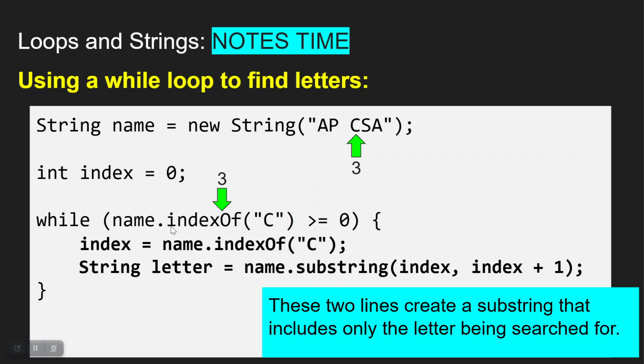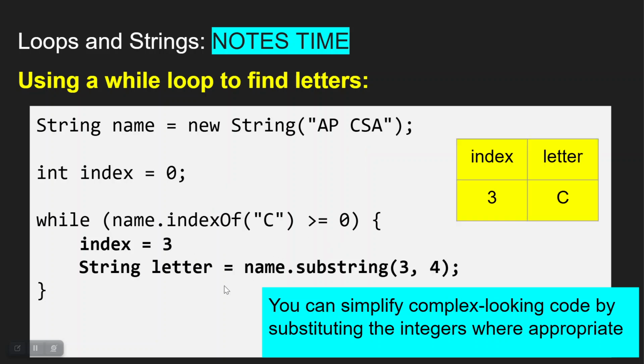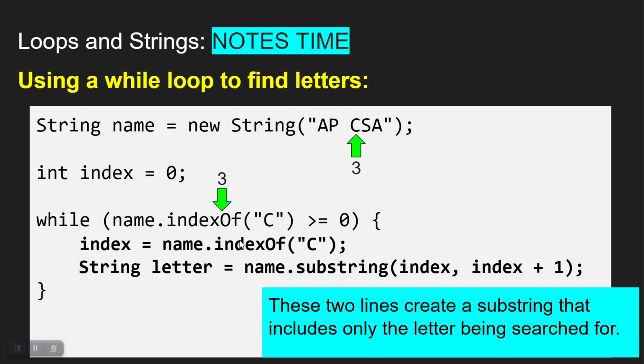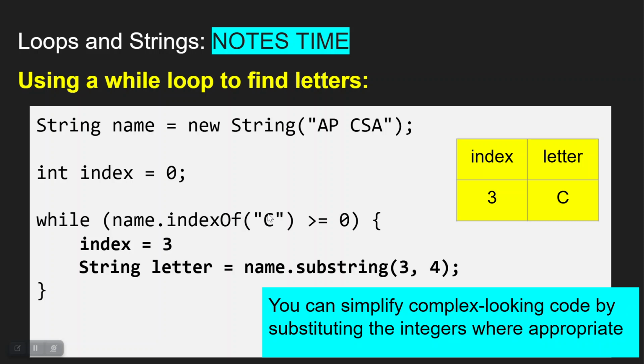And just remembering that indexOf returns an integer, you can just say index equals 3, right? And then again, string letter equals name.substring from 3 to 4. It's the same thing, it just helps you simplify the code that's got more words and more detail to it. You can apply a little bit of abstraction and just think of it as index equals 3, and then you're taking the substring from 3 to 4.